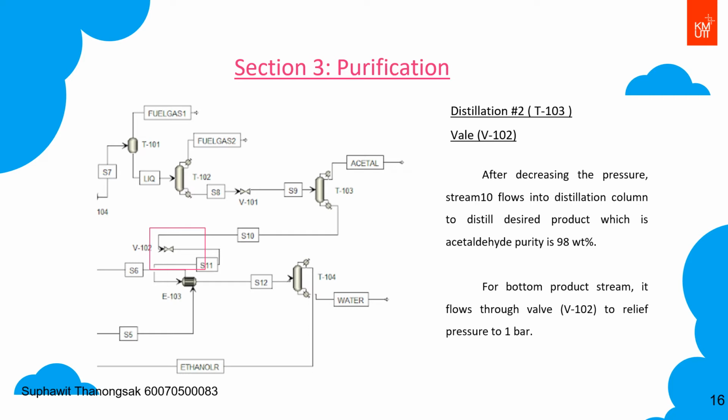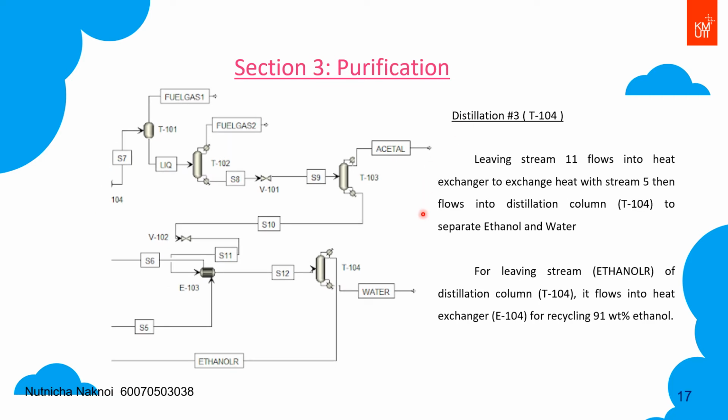In the next order, after the bottom product stream of distillation column T103, stream S10 relieves pressure through the valve. Then stream S11 exchanges heat with stream S5 and feeds into the distillation column T104 to separate ethanol and water.